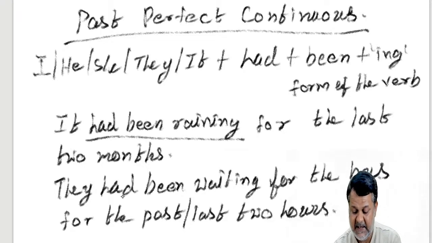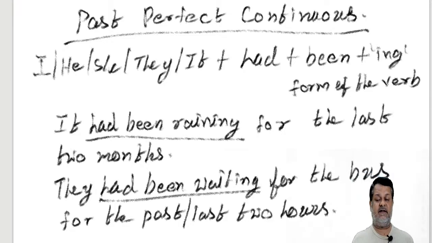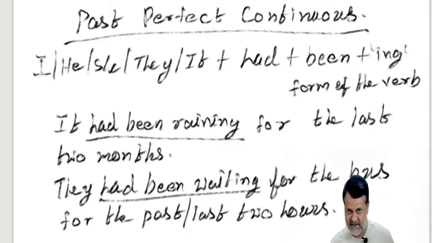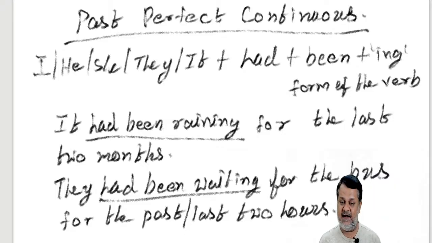So they had been waiting for the bus for the past or the last 2 hours means the bus has now arrived, but they had been waiting for the bus. So here again, whether it is singular or plural, it is always had.